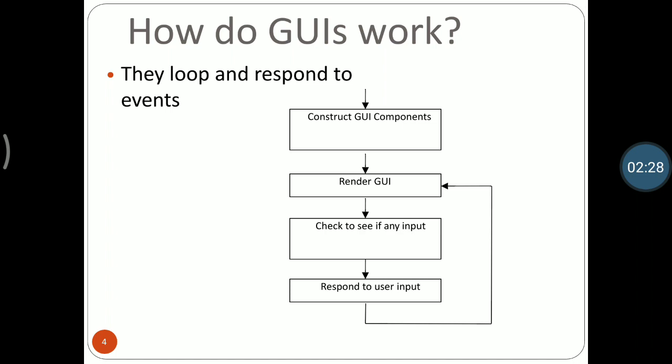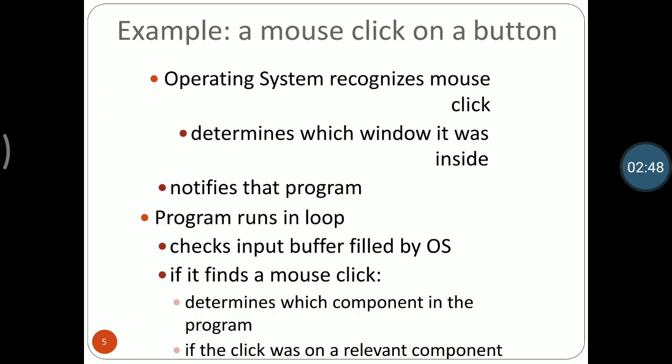Render means to provide or give. In third, we check whether there is any input from the user or not. After getting input from the user, it will respond to that input and again go for the next input.